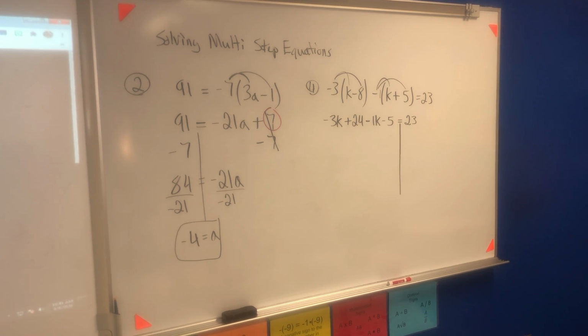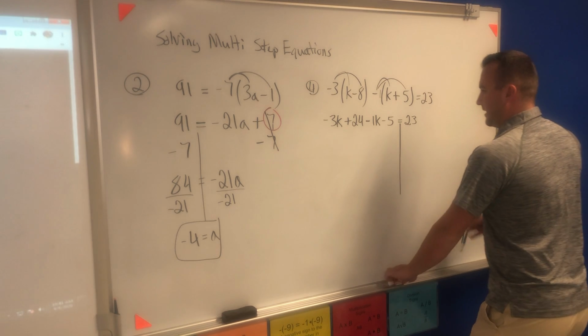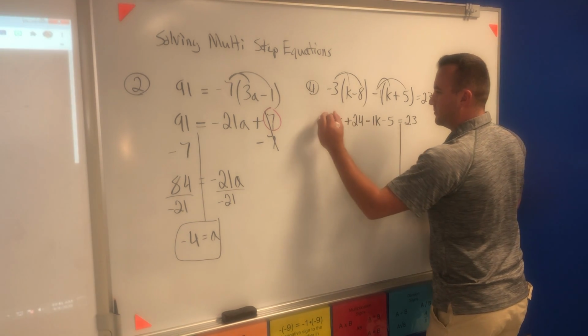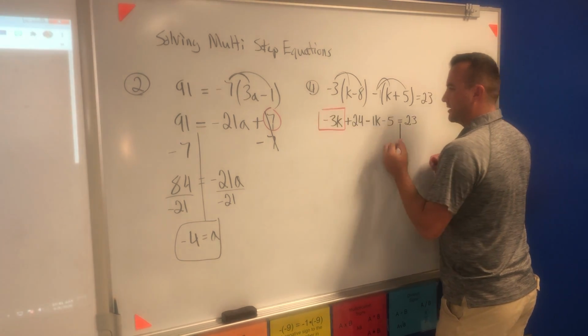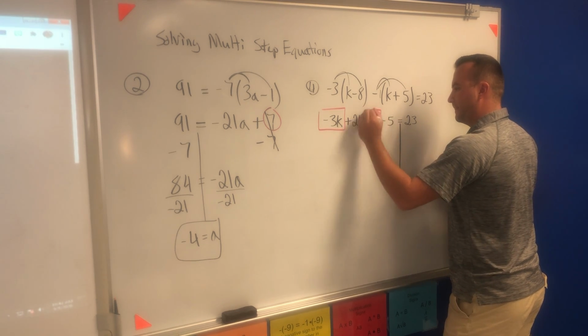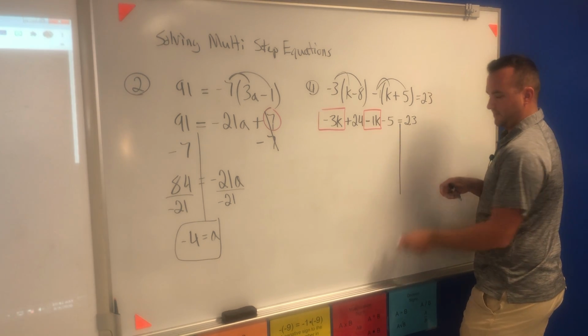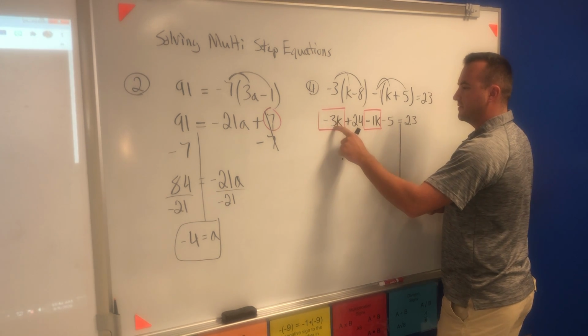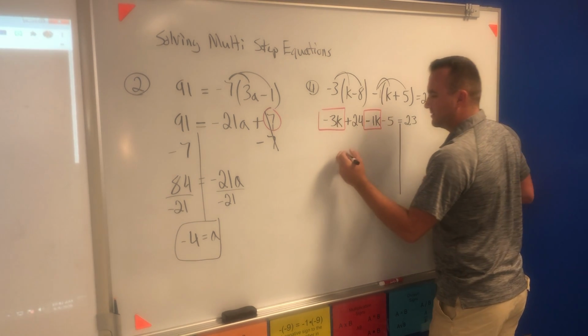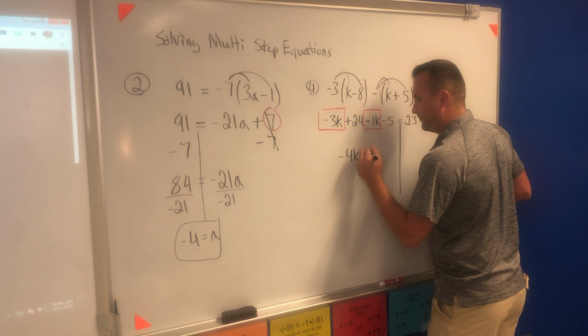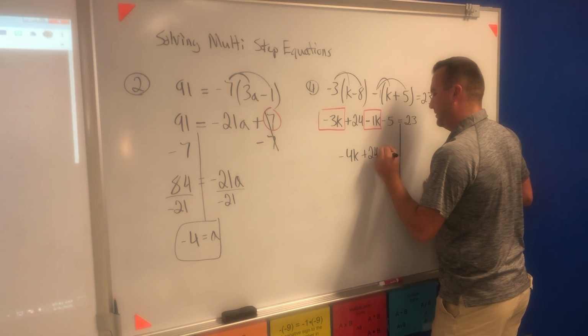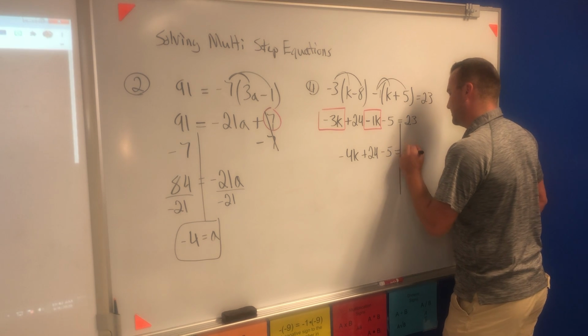Okay. On the left, let's think about step 2. Combine like terms on each side. On the left-hand side, do I have a set of like terms? Yes. I have negative 3k, negative 1k. Combine those. Negative 3k minus 1k would be negative 4k plus 24 minus 5 is equal to 23.